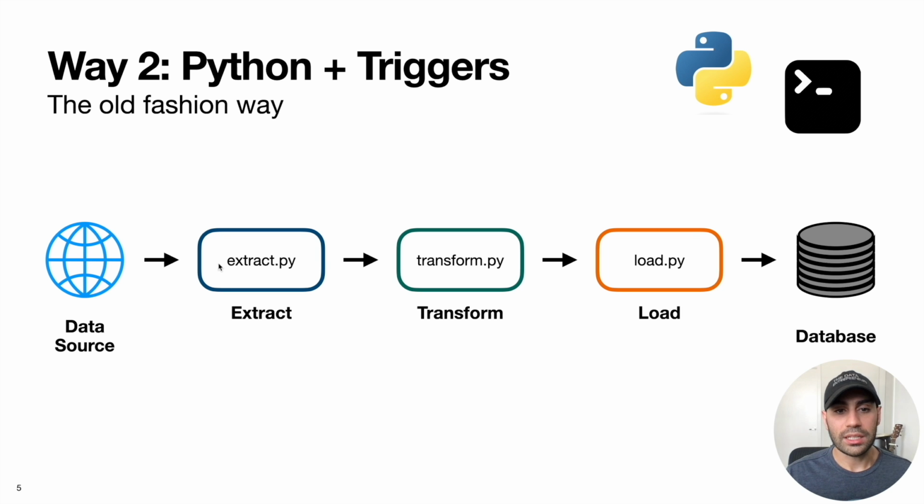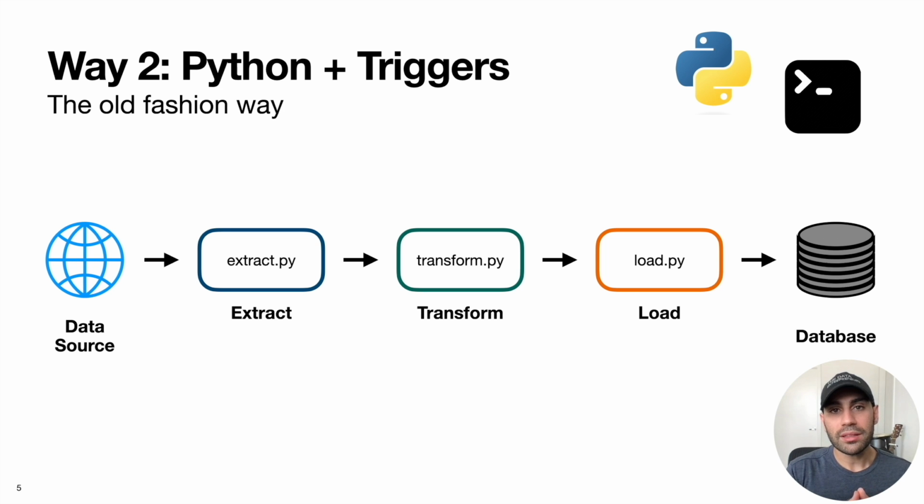We'll run an extraction process via a Python file, call it extract.py. We'll transform the data in some way in a Python script called transform.py. Then we'll load it into our database using another script called load.py. So this is a simple ETL pipeline, which is something I discussed in the previous video in this series on data engineering.